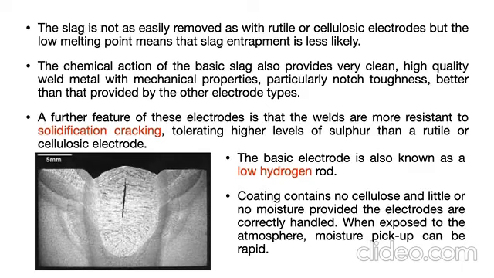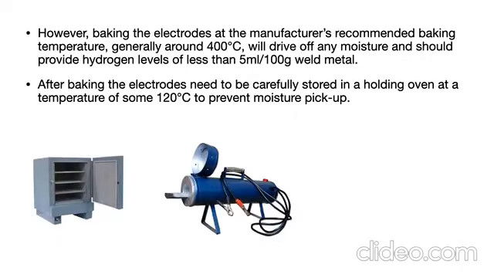The basic electrodes, as I told in the beginning, are also known as low hydrogen electrodes. Unlike the rutile and cellulose electrodes, the low hydrogen electrodes shall not have any moisture content for the stability of the arc. So if at all any moisture content is present, it shall be removed.